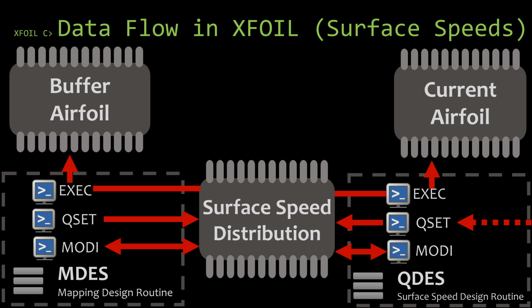And the QDES is pretty similar, right? It's the surface speed design routine. The idea, of course, is that you have the surface speed distribution that you want, and you back-solve for the airfoil that you need to get that.